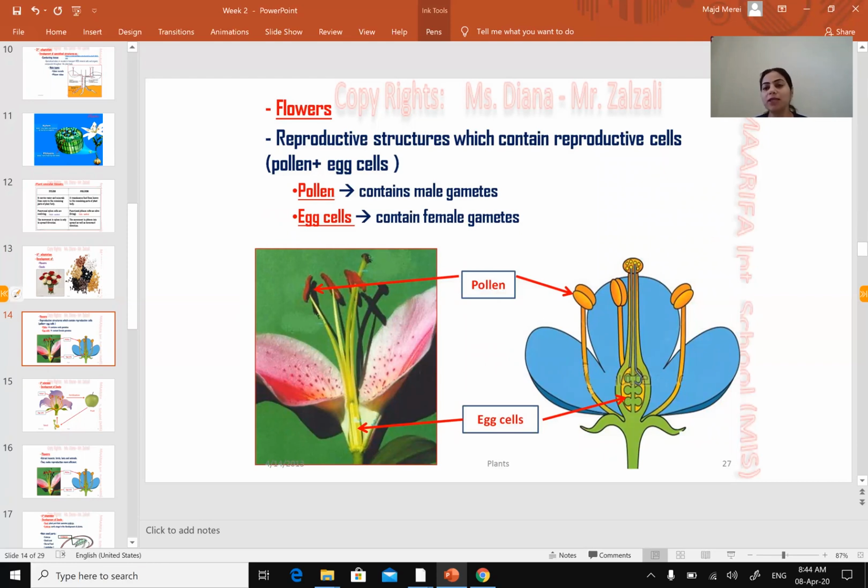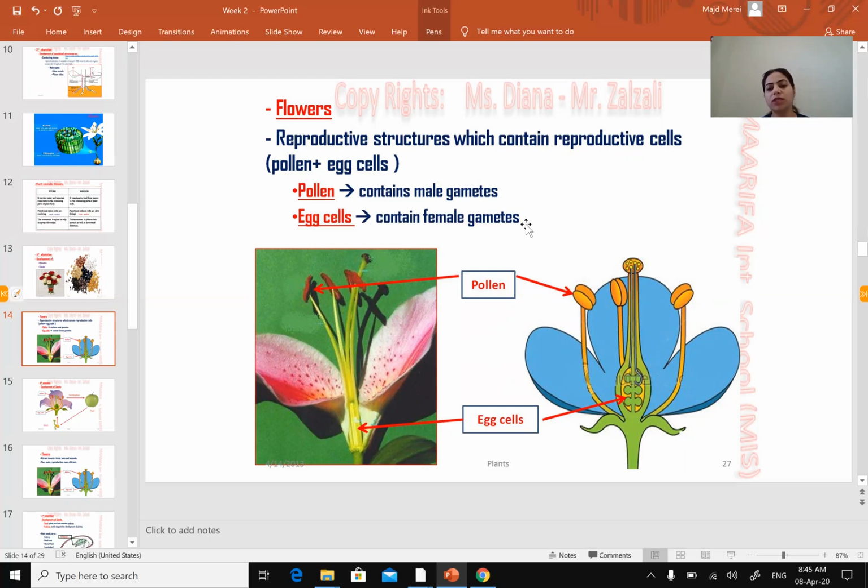Because they contain reproductive cells, male reproductive cells and female reproductive cells. Pollen contains the male gametes, the sperms, while egg cells contain the female gametes.